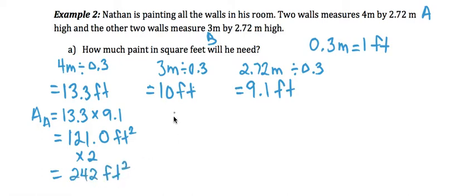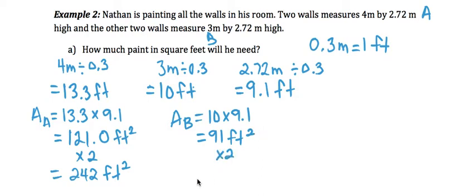Now I'm going to calculate the area of wall B, and that's going to be 10 feet by 9.1 feet. So that gives me 91 feet squared. And I have two of those walls, and I'm going to multiply this by 2 to give me 182 feet squared.